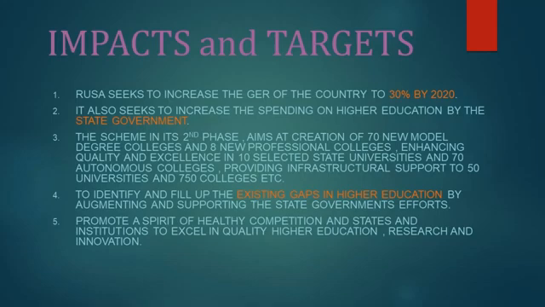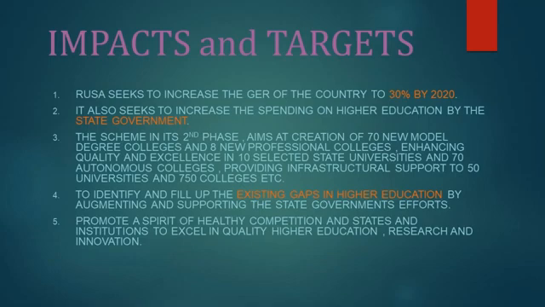The scheme in its second phase, that is 2017 to 2020, we are in the second phase now, aims at creation of 70 new model degree colleges and 88 new professional colleges. Enhancing quality and excellence in 10 selected state universities and 70 autonomous colleges, providing infrastructural support to 50 universities and 750 colleges, to identify and fill up the existing gaps in higher education by augmenting and supporting the state government's effort.